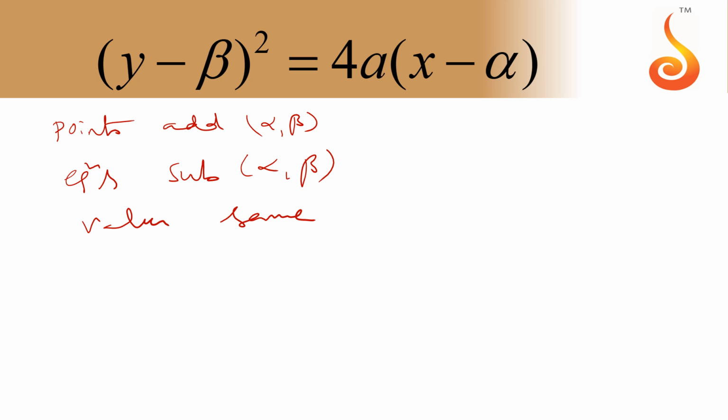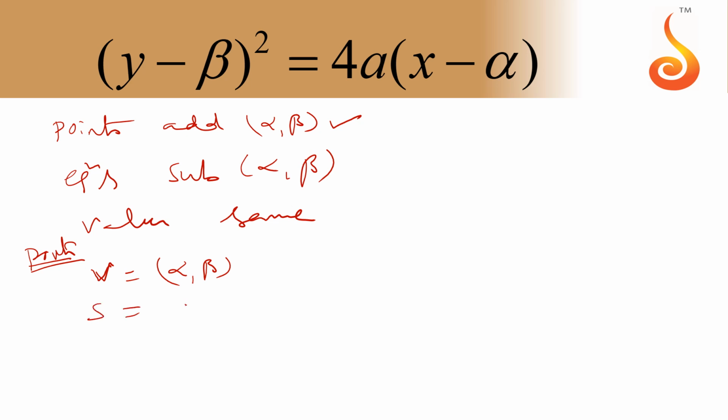Suppose I ask you what is the vertex for this. I will take y square equal to 4ax as the base parabola, and y minus beta whole square equals 4a into x minus alpha is the shifted one. So the vertex is shifted to alpha comma beta. For points, you add alpha comma beta to the base. For the origin, you get alpha comma beta.